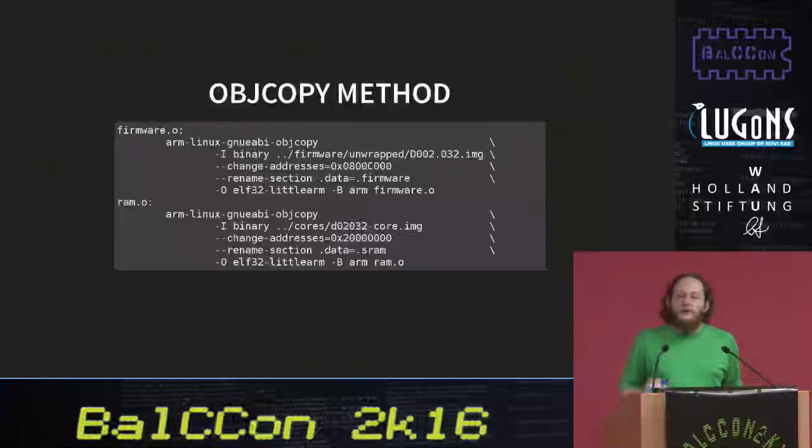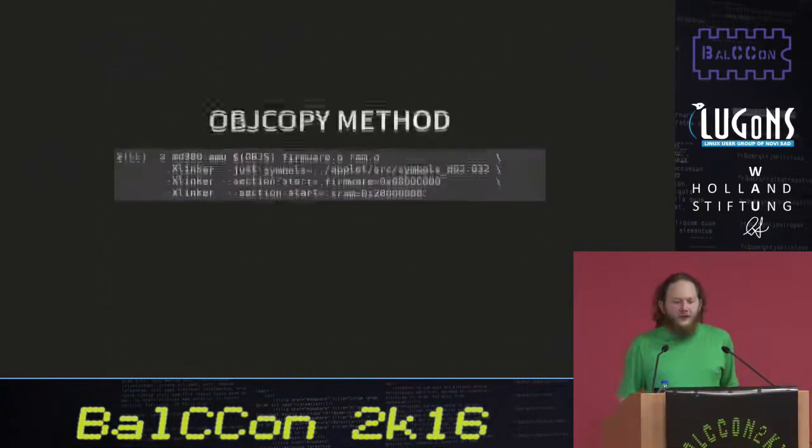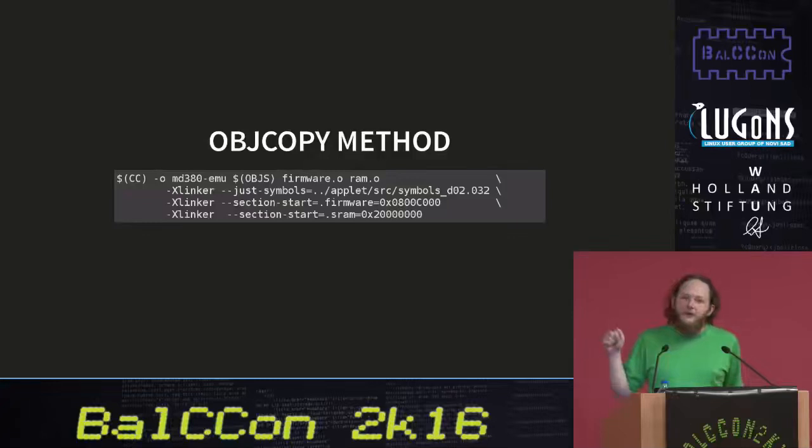You can also use objcopy to take the firmware image and then copy it into an ELF linkable module, and then you can link those modules together in order to have a regular ARM Linux executable that contains the firmware image and is able to execute all of the functions that are in that image. These are the same functions that you've reverse engineered in order to interact with the code in your patching.